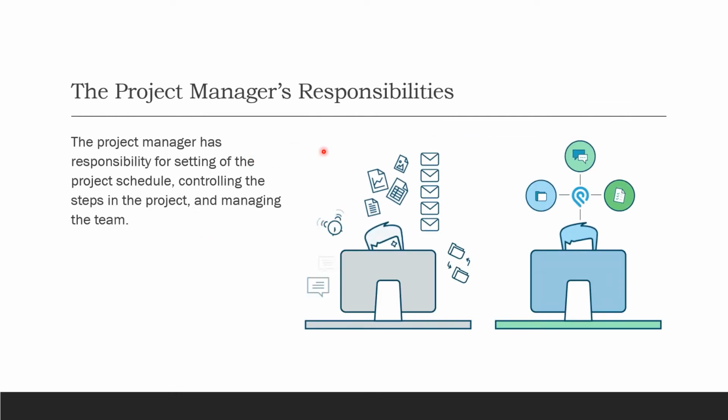All right, the project manager's responsibility. So what is his or her responsibility? They have to do scheduling, setting up the project schedule, so they definitely do scheduling to control things.